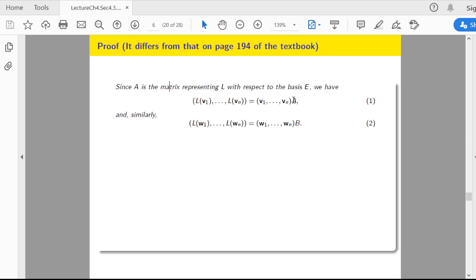And then similarly, B is the matrix representing L with respect to the basis F, so we get [LW1, LW2, ..., LWn] equals [W1, W2, ..., Wn] multiplied by the matrix B. B is the representing matrix.